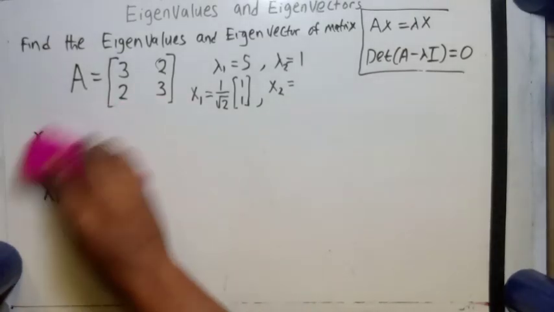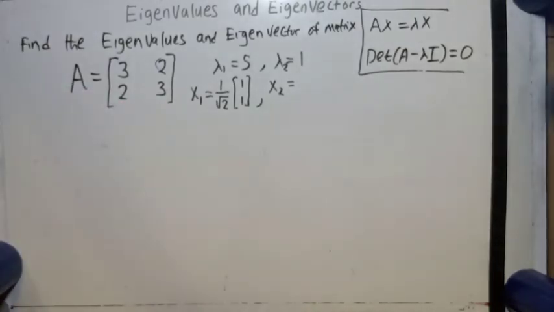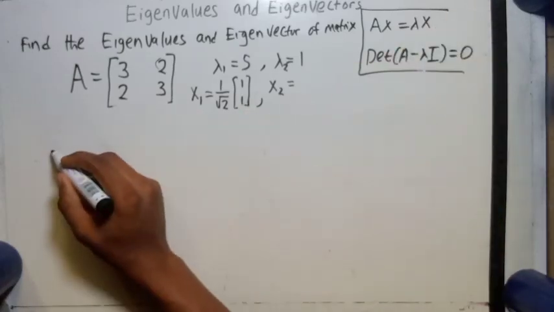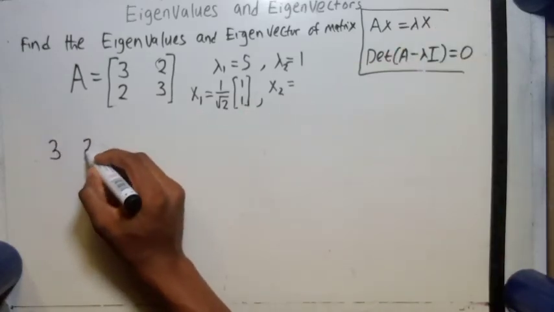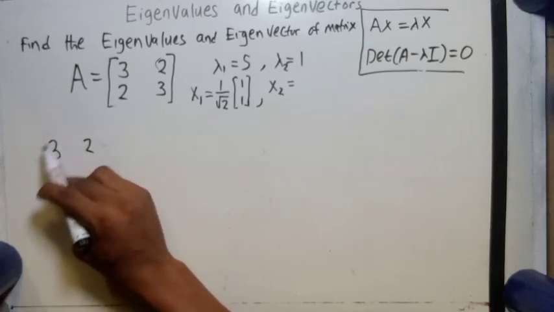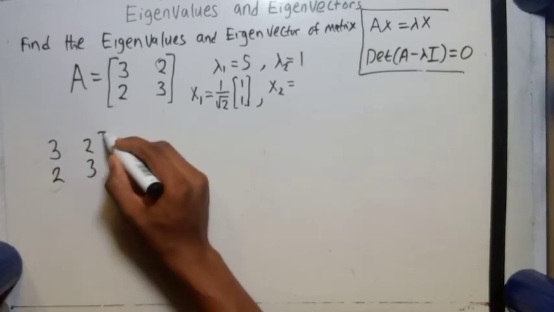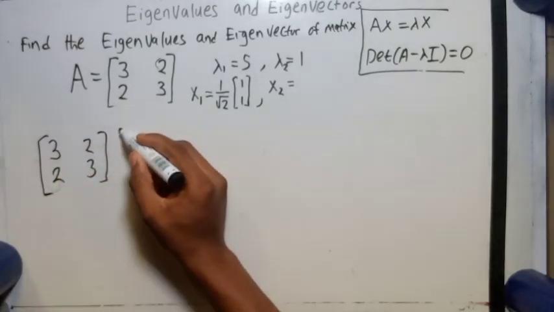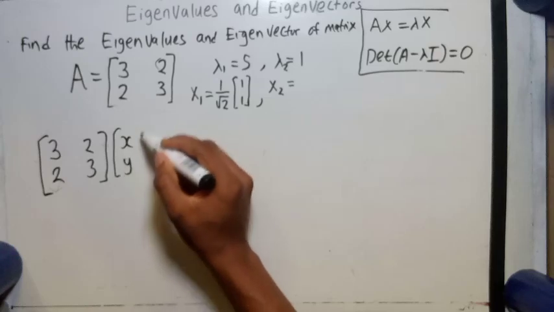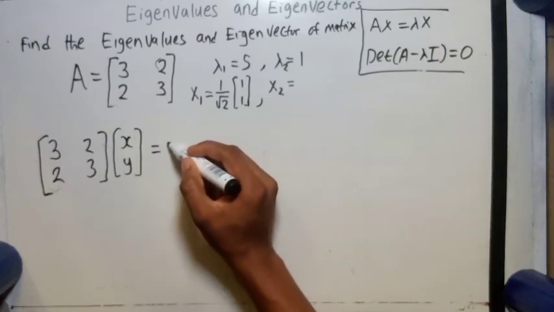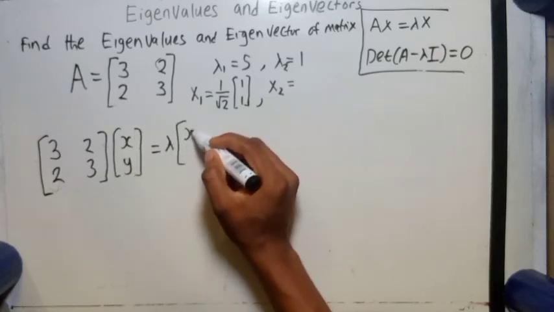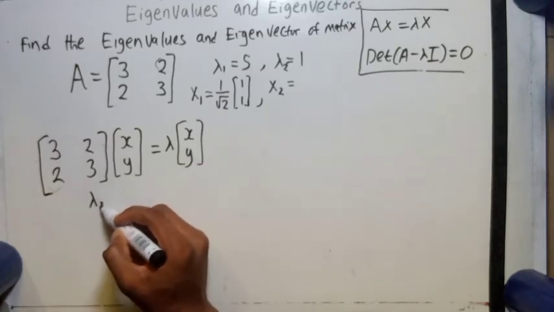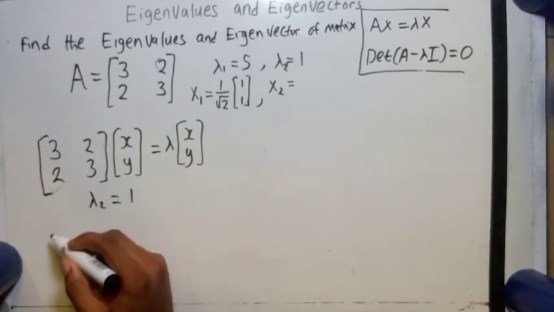Using the same formula, we have our matrix 3, 2, 2, 3, all multiplied by x and y, which is equal to your lambda multiplied by x and y. Here, our lambda is 1.